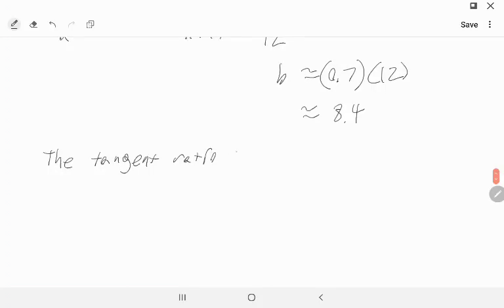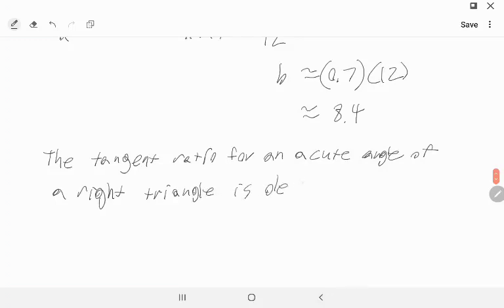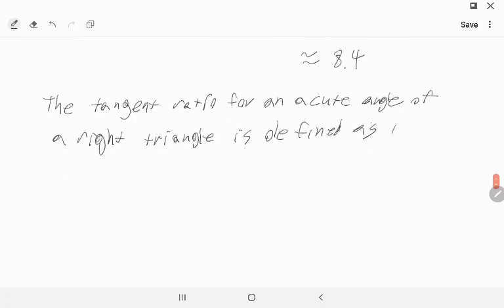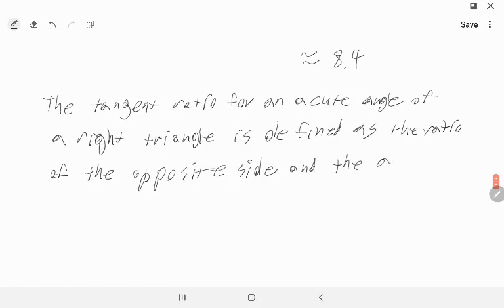The tangent ratio for an acute angle of a triangle is defined as the ratio of the opposite side and the adjacent side.